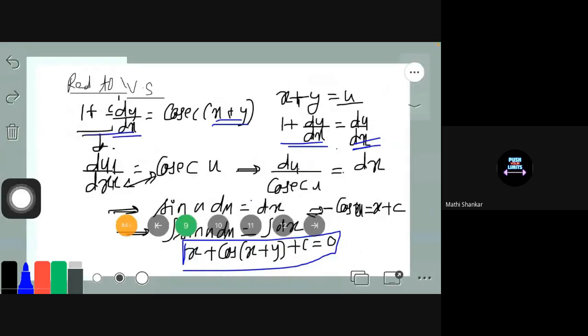Let's move on to the next numerical in the same type. So this time we have dy by dx is equals to 4x plus y plus 1 the whole square.